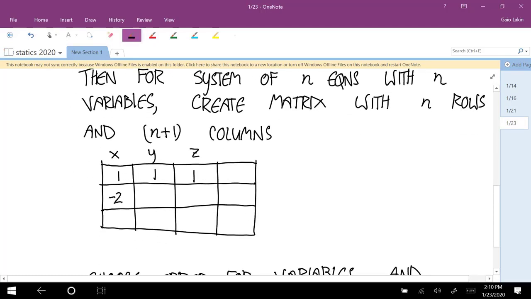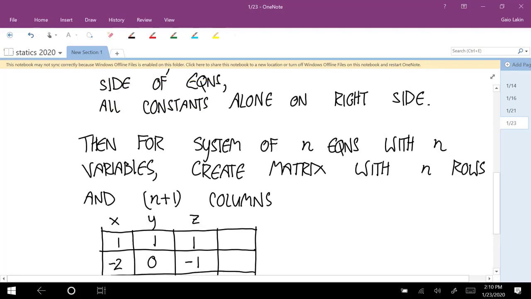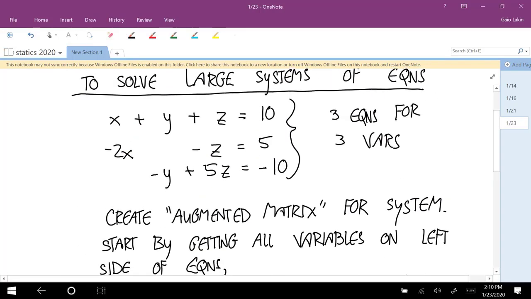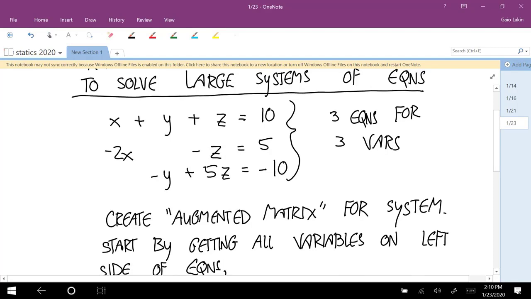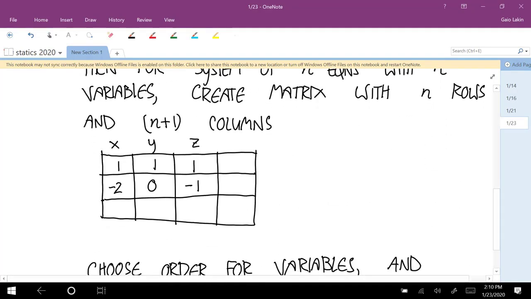So negative 2, 0, negative 1. And the third one says negative 1y plus 5z. So 0, negative 1, 5. Okay.